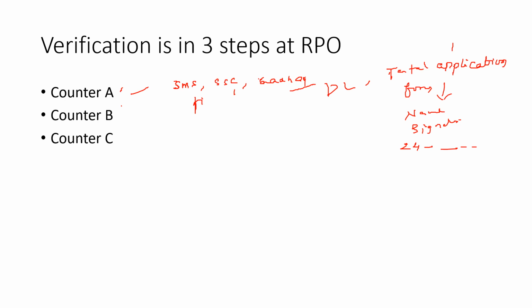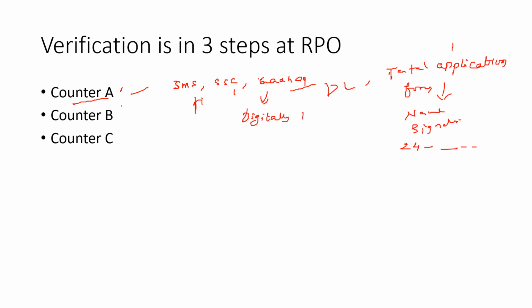So at the counter A, this procedure will be done. This is enough at the counter A. And here I must stress one point I would like to give notice: this Aadhaar or driving license must be a digitally verified document only.